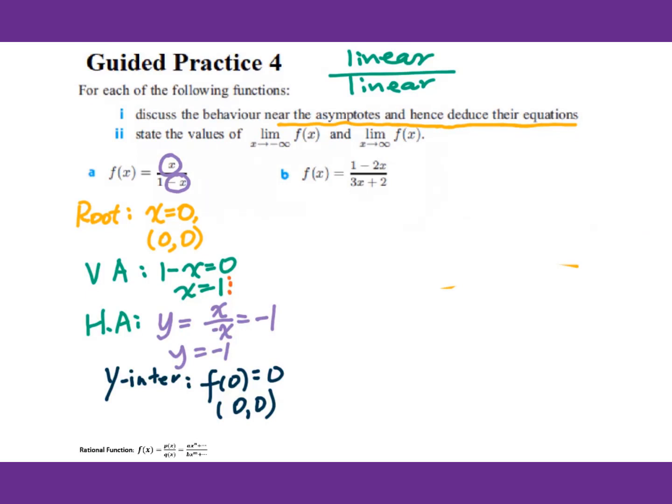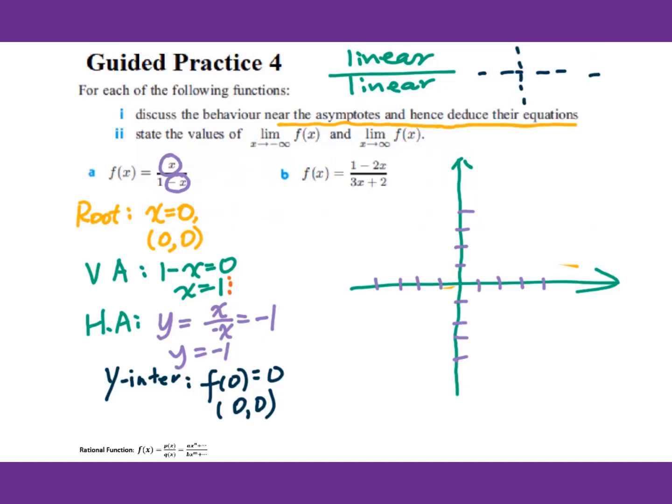Now we can sketch the graph. For linear over linear pattern, we only have 2 types of graph. One has a vertical asymptote line and a horizontal asymptote line, either like this or like this.